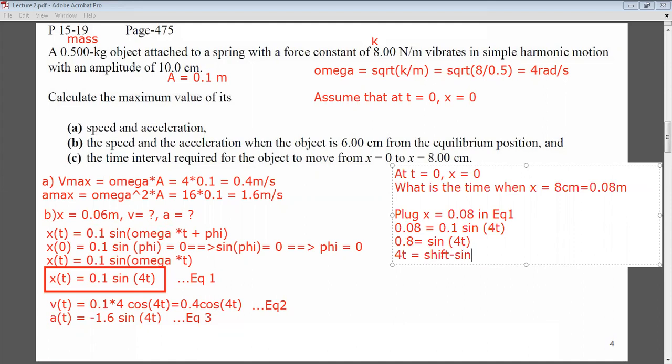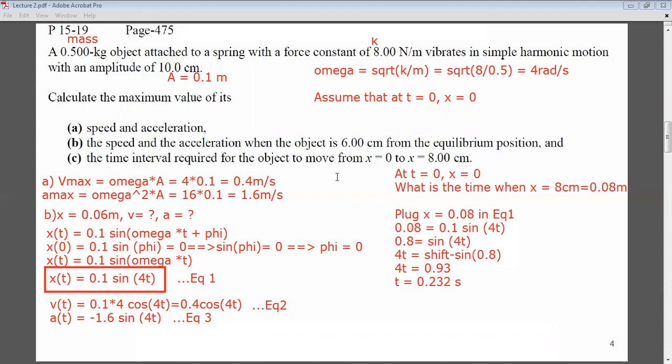So on the calculator, you press shift, then sine of 0.8, and we get 4t is equal to 0.93. Okay, t is equal 0.93 divided by 4, and this gives me 0.232. Okay, so delta t is how much? How much time does it take to go from t0 to 0.232? It takes 0.232 seconds.